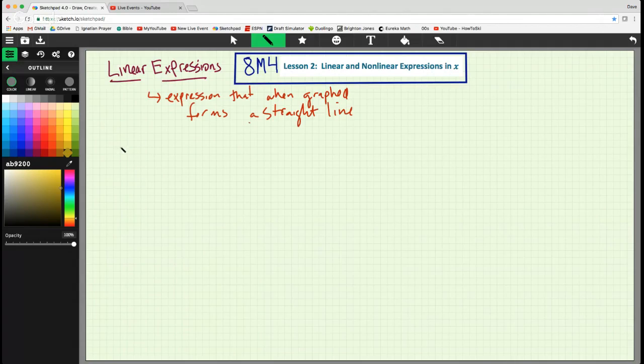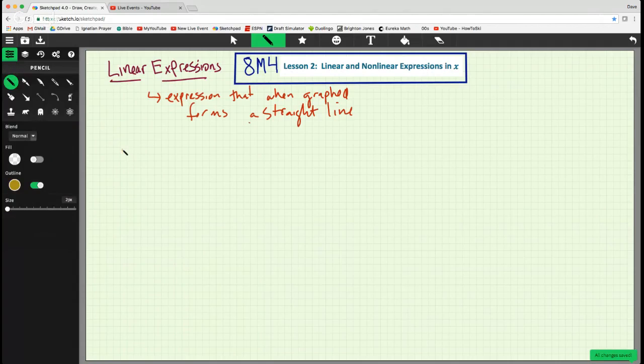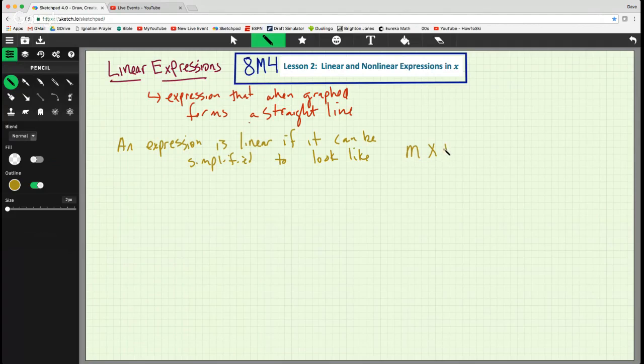The key is, an expression is linear if it can be simplified to look like m times x plus b.